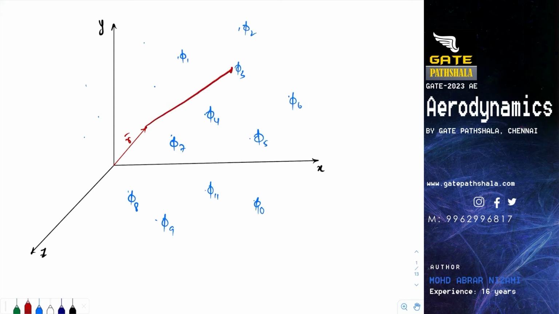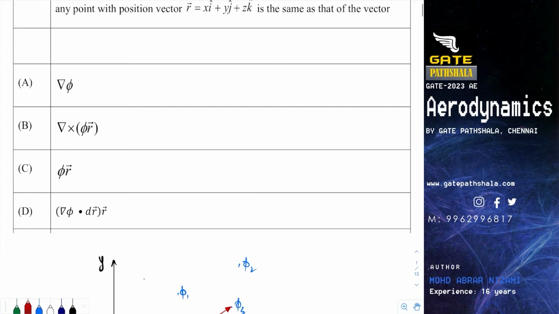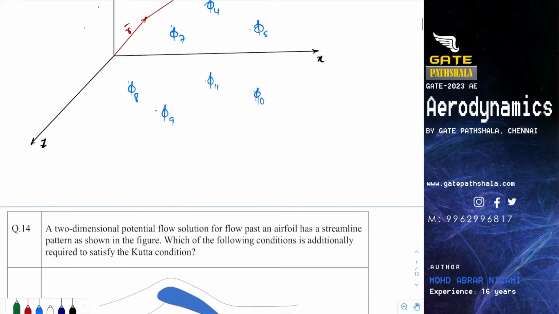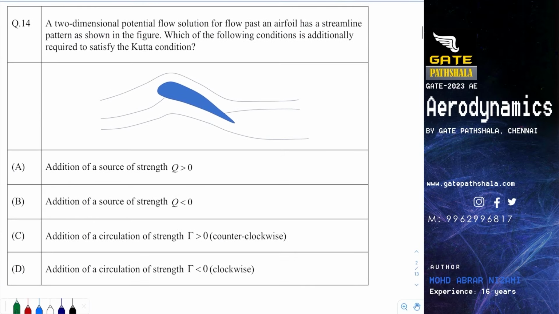So if this is giving you the largest change in the value of phi, then this particular vector must be the gradient of the scalar field function phi. So it is a vector quantity which points always towards the maximum change. So the answer to the question number 11 should be grad phi. Okay, let's move on to the next question.